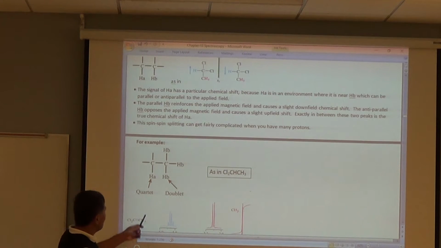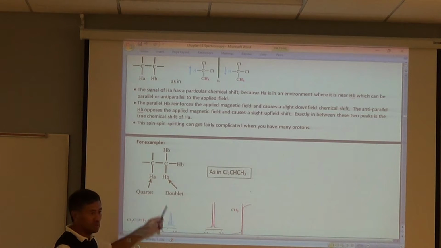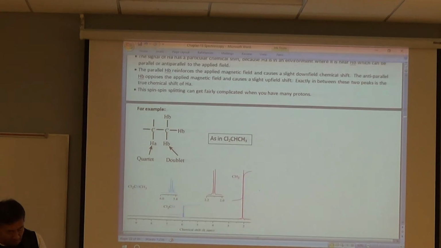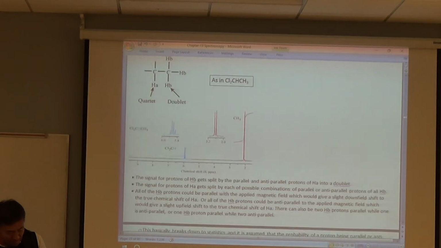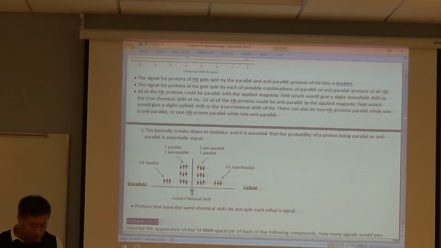If there is an HA, this HA will split the signal of these 3 HB, and these 3 HB split the signal of HA. And that is why you have the n plus 1 rule.